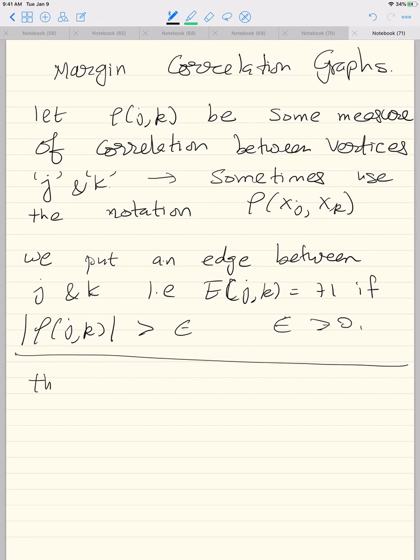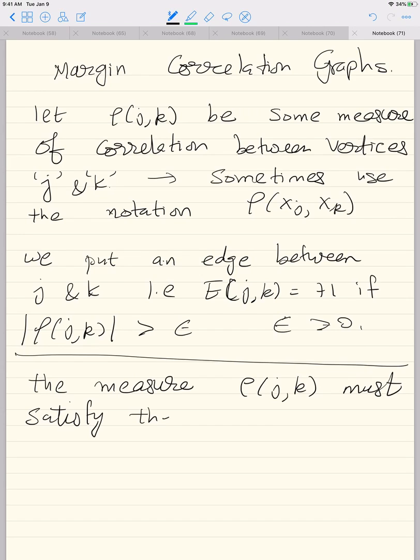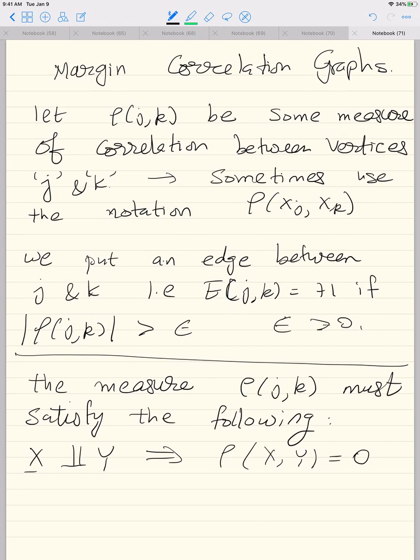So the measure rho jk must satisfy the following. If the random variables x and y are independent, then rho xy should be 0.